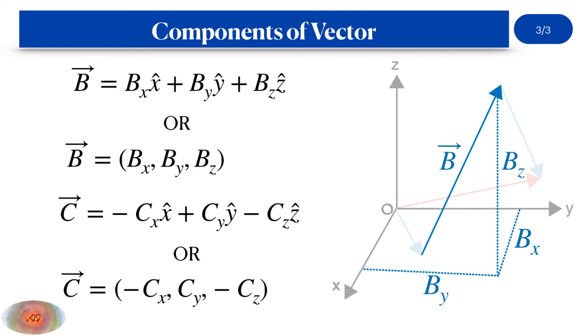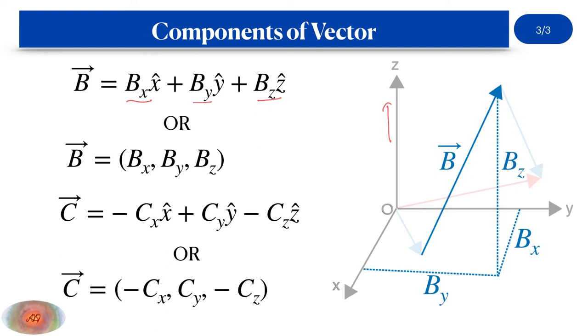Similarly, the vector B can also be represented as shown over here, but in this case the x component, y component, and the z component all exist for the vector B, and the z cap represents the unit vector along the z direction, that means along this direction. So the unit vector means it has the magnitude of 1 but it is directed along the z direction.